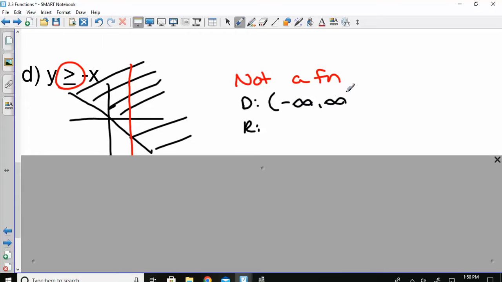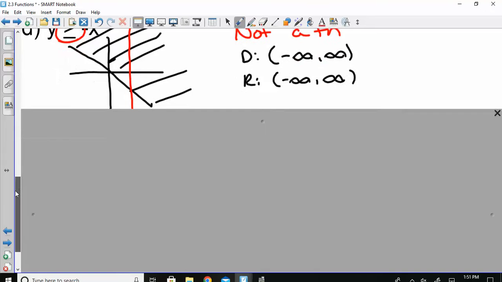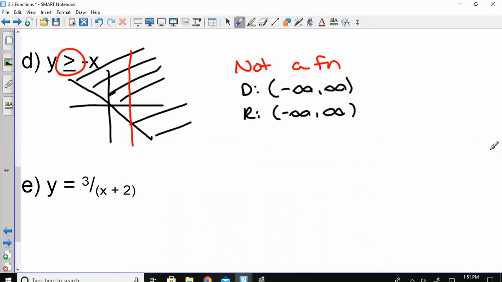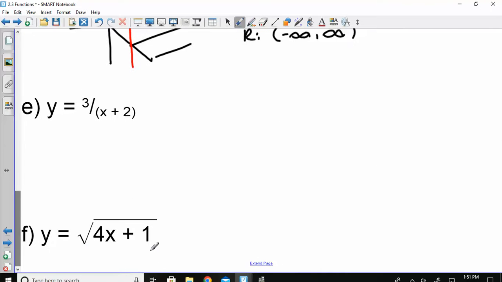That line keeps going forever, the shading hits everything eventually. So domain and range are both everything. All right, so we've seen a couple things so far that give us a big sign that it won't be a function. If x is squared, it's not going to be a function. If we have an inequality, it's not going to be a function. So there are some things to watch out for.